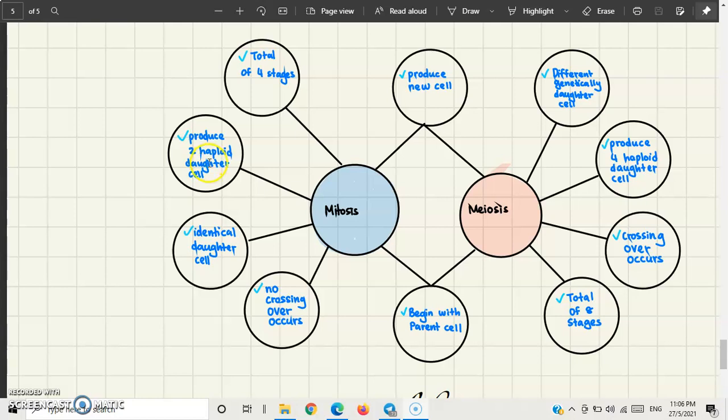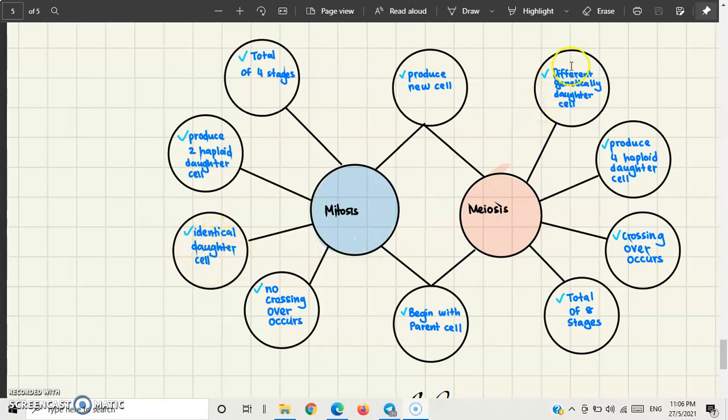Okay, second difference. As you can see here, the daughter cell is identical to the parent cell. So at the end of mitosis, it will produce daughter cells identical with the parent cell.